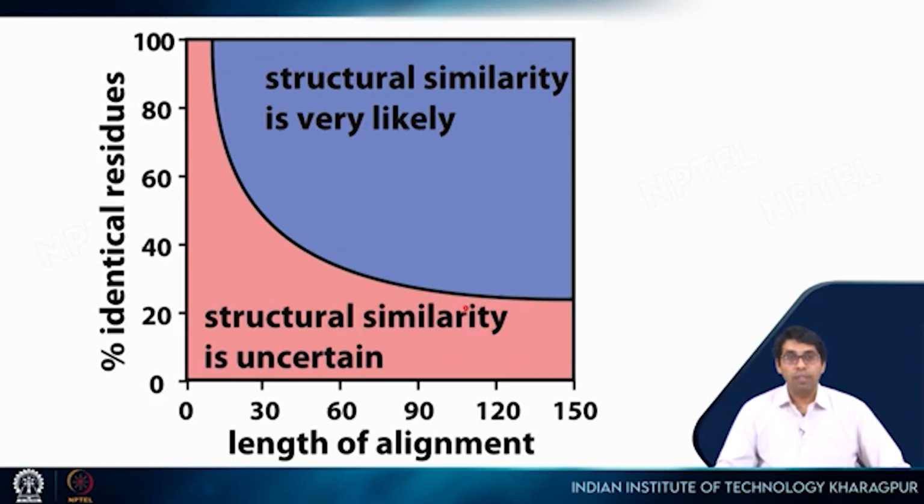Okay. So, it means that they most likely are going to have very similar structures. So, this is the basis of something called homology modeling that people do for newly identified sequences, that they try to predict the structure for this new sequence based on the structures of sequences of proteins whose structure are already known.